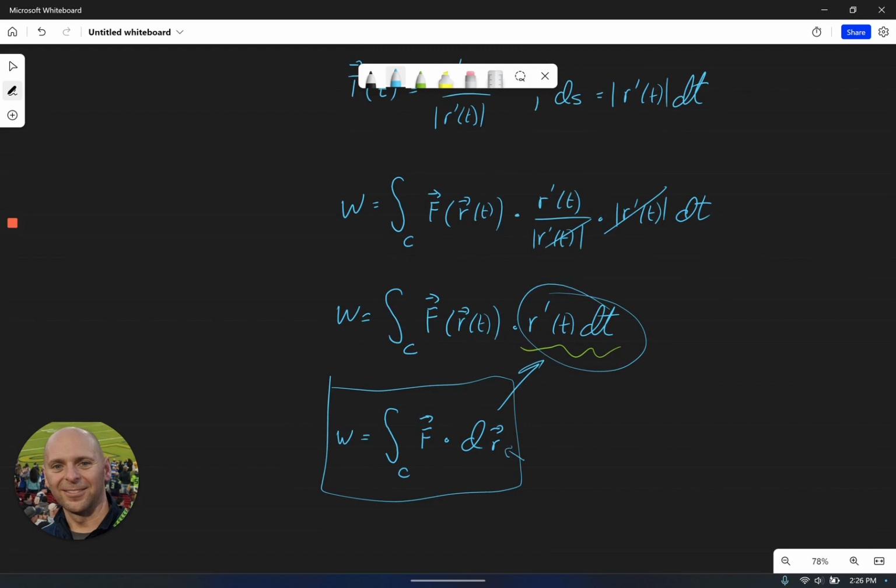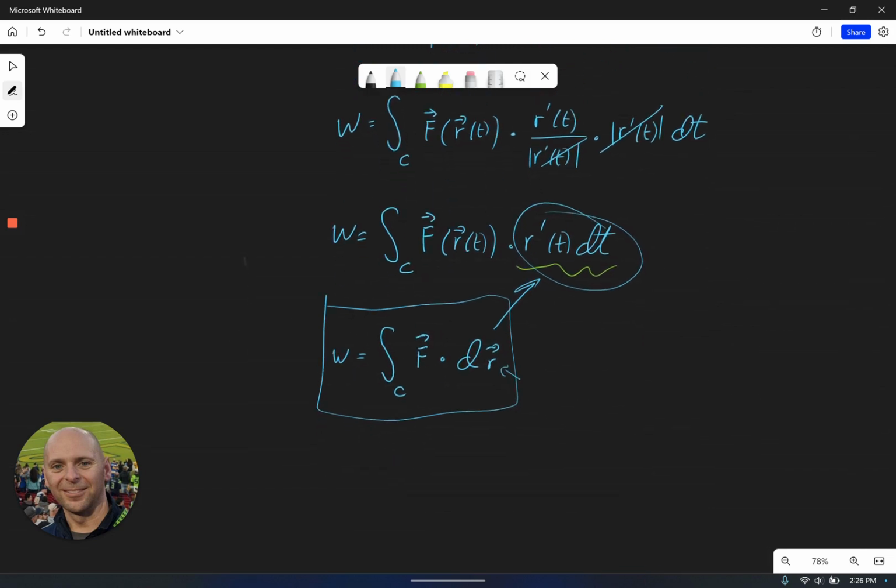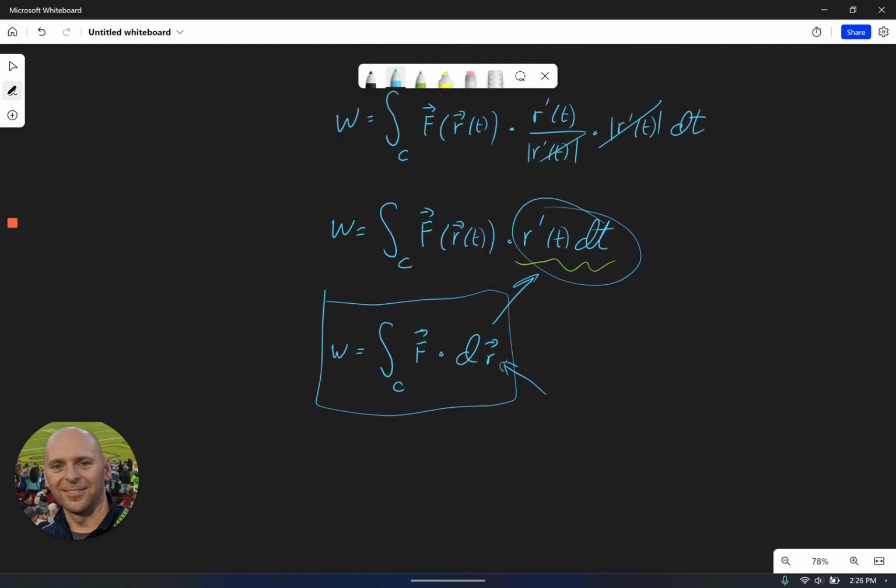And I'll just finish it off with one last equality, because we've seen this before in other lessons, and I drew an equivalence between this and the following integral as well.